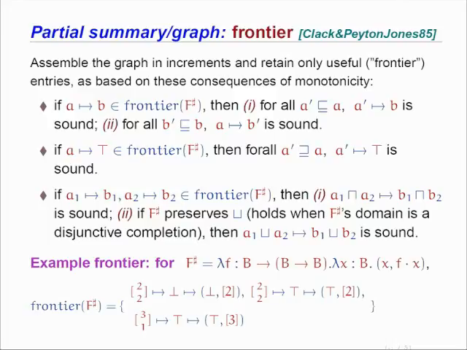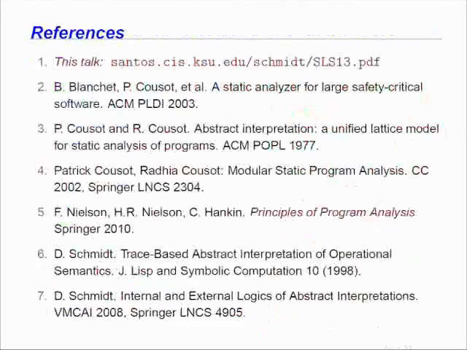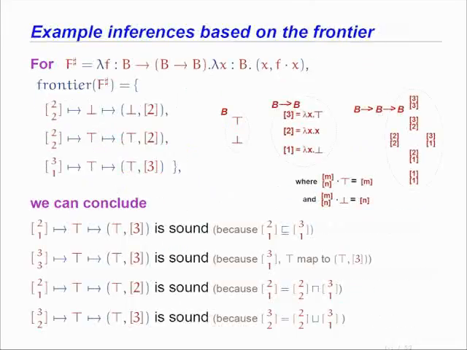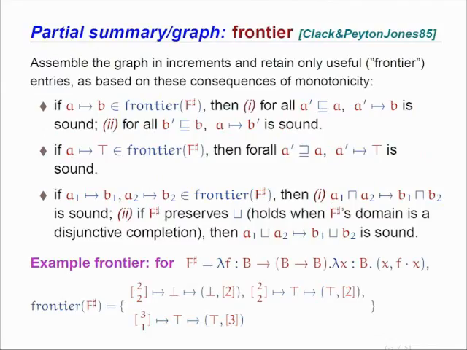And so if you go away and study the paper by Chris Clack and Simon Peyton-Jones, they have a very nice explanation of why it is you don't have to save the whole graph. And the reason is that there are properties of monotonicity. That if you have some entries that you've saved, then other values which are similar can be predicted.